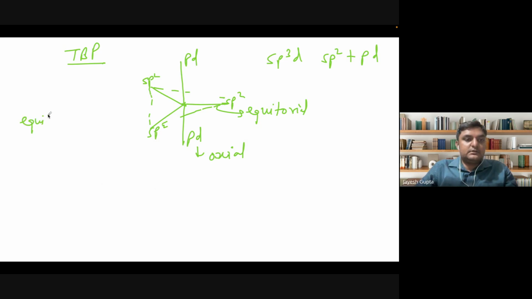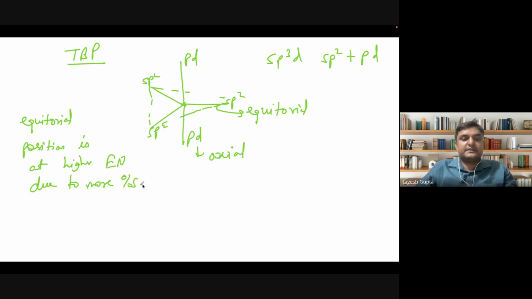Equatorial position is at higher electronegativity due to more percentage s character. I have already explained that here it is sp2, and here there is no s. That's why the equatorial position has higher electronegativity due to more percentage s.